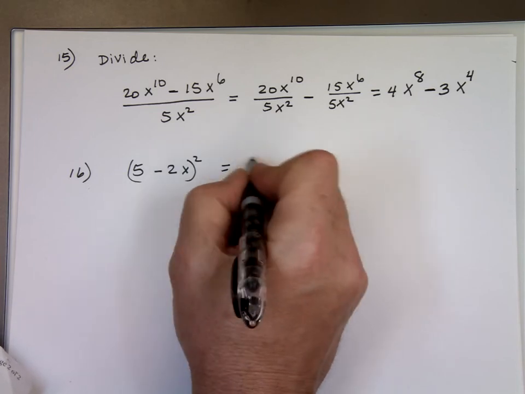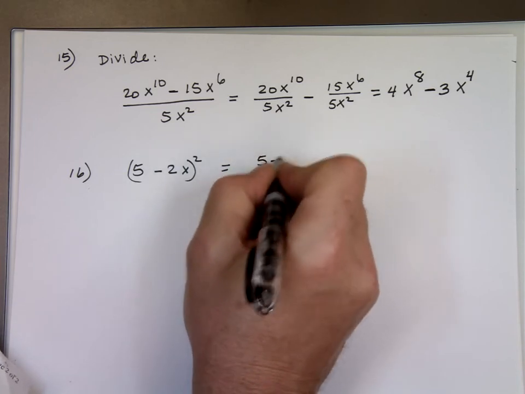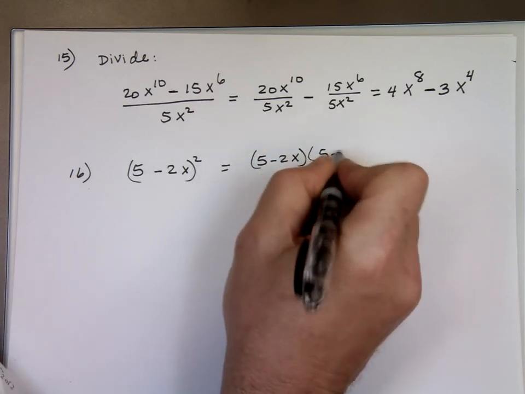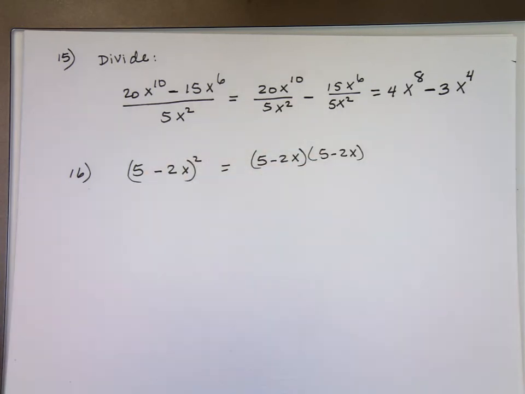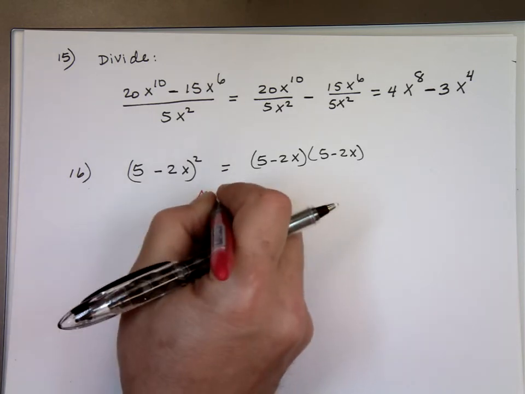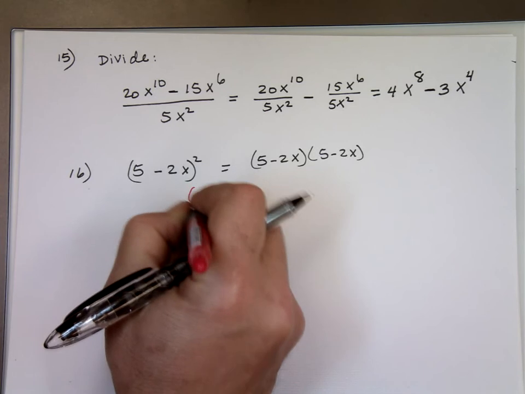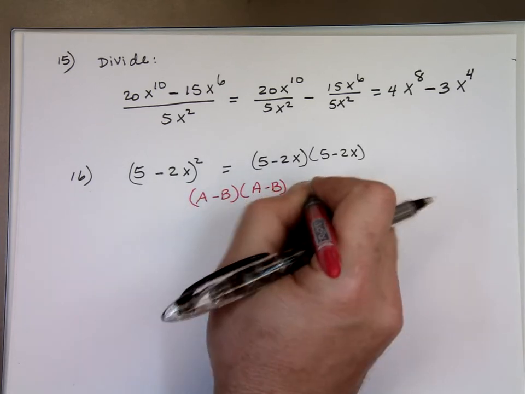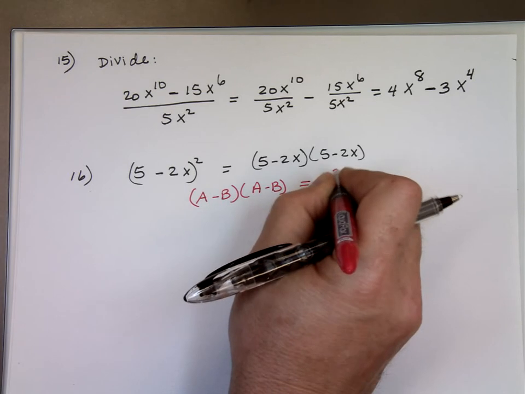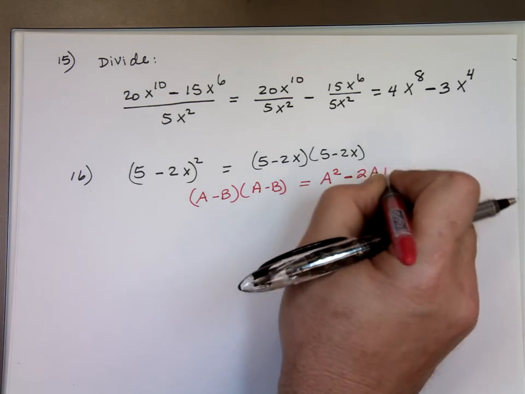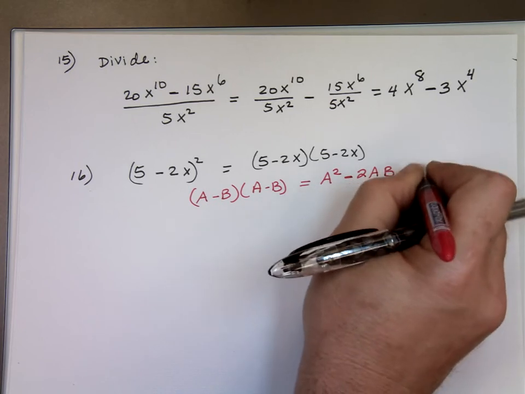It's really 5 minus 2x times 5 minus 2x. There's a shortcut if you don't want to use the FOIL method. If you have a minus b and you want to multiply it by itself, a minus b, the result is what? Square the first minus 2 times the first times the second plus the second one squared.